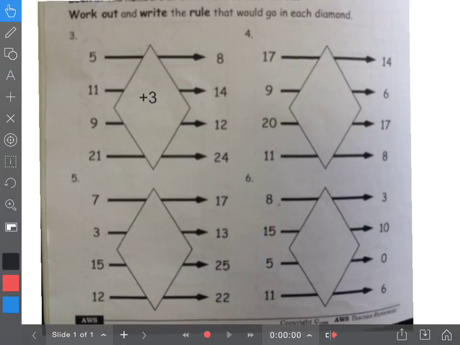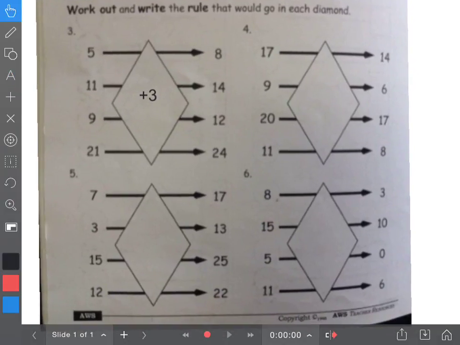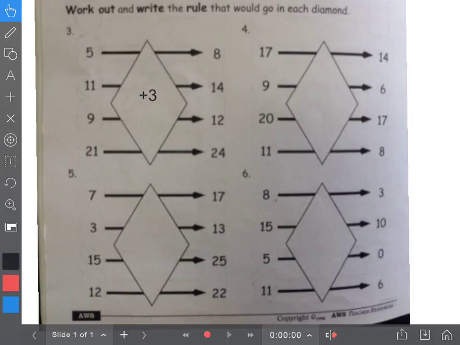You think it's 3, this one? Okay, so 5 plus 3 equals what? 8. 11 plus 3 equals? 9 plus 3 equals? 21 plus 3 equals? 24. So is that the right rule for that one? Yes. Okay, that's what you're going to do.